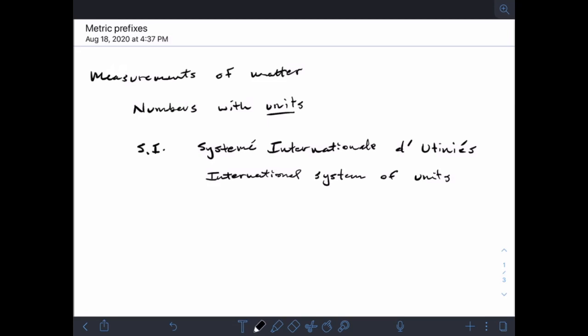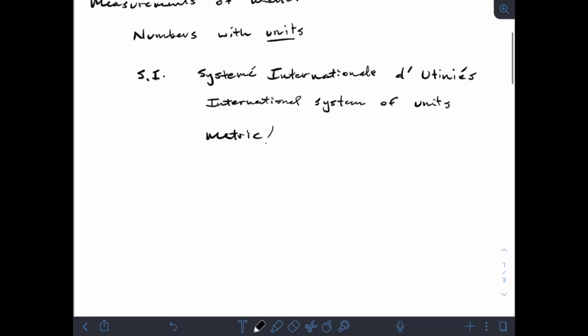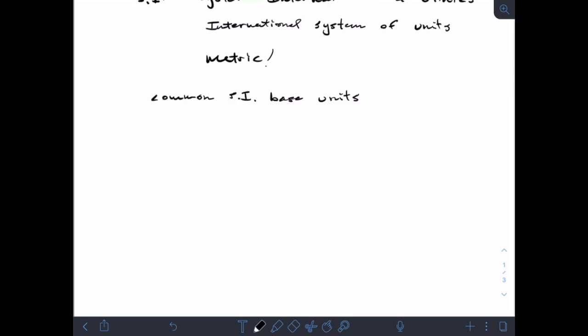So SI units, International System of Units, and they're all metric, so everything's multiples of 10. Common base quantities have common SI units; we call them base units. We've got a bunch of them. One for length: the SI unit for length is the meter, lowercase m.